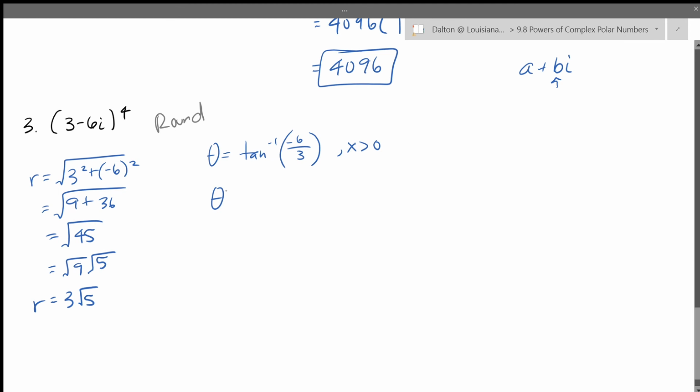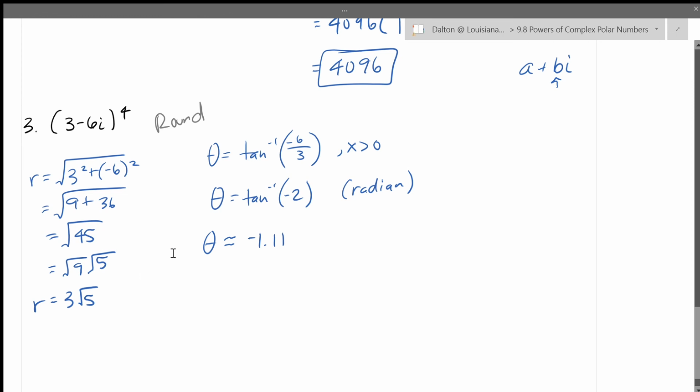When we do that, this is where you're going to go ahead and round. We don't know of any angle theta on the unit circle off the top of our heads that has a slope of negative 2. So when you type this in your calculator, you want to ensure that you're in radian mode pretty much this entire test. Then you will get that theta is approximately negative 1.11 as our angle.